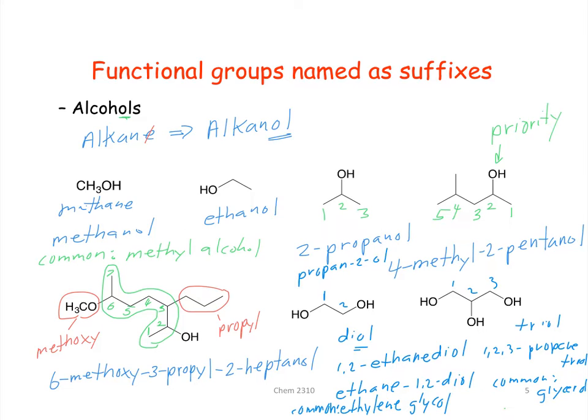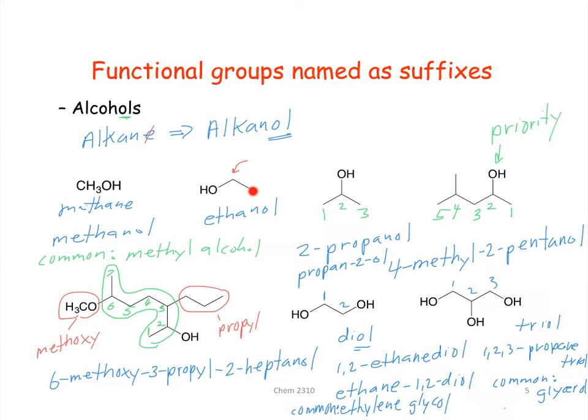Alright, so one other important aspect about alcohols is that we can have a classification system like we did for carbons. Remember, primary, secondary, tertiary. So for alcohols, what we do is we look at a given alcohol, like this, or like ethanol, and we count the number of carbons attached to the carbon that's bearing the alcohol. Alright, so in this case we look at that carbon right here.